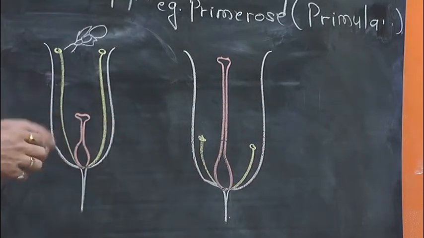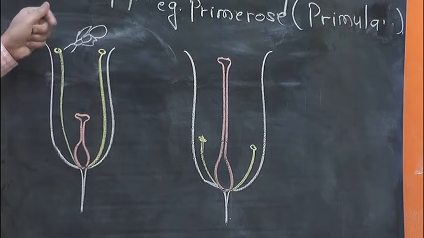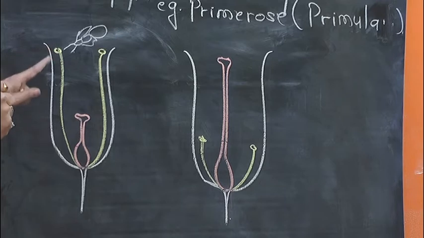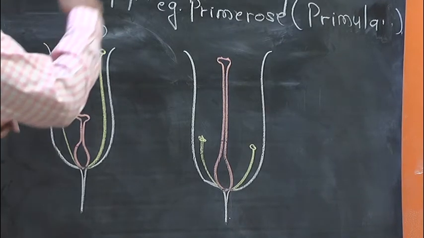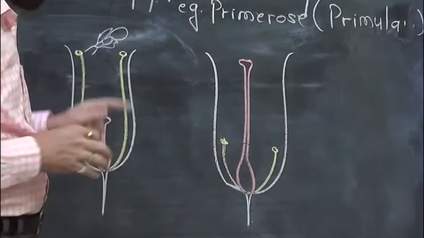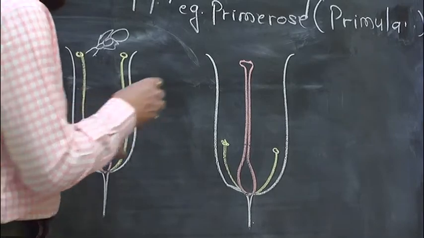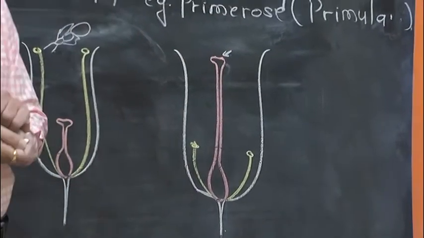Now the insect which has received pollen grains from the flower having elongated stamen visits the flower with elongated carpel, definitely its proboscis comes in contact with the stigma and pollination is achieved.